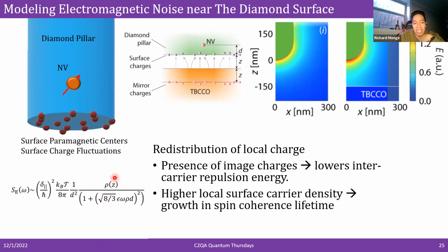From this equation, depending on the frequency that we probe, we see that a lower resistivity or higher conductivity leads to a lower spectral noise or higher coherence times, which is in qualitative agreement with our observations.